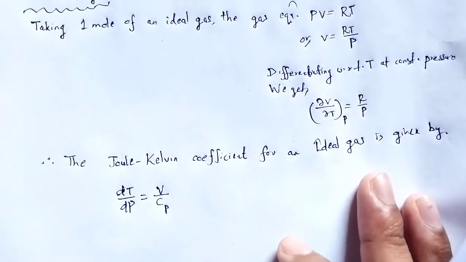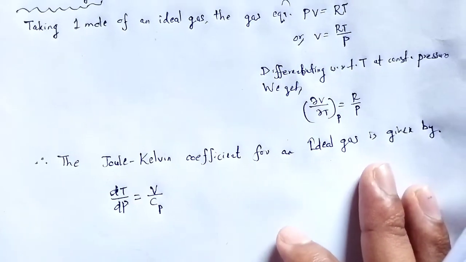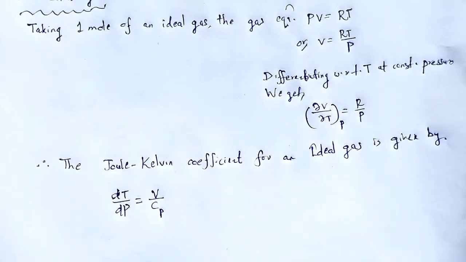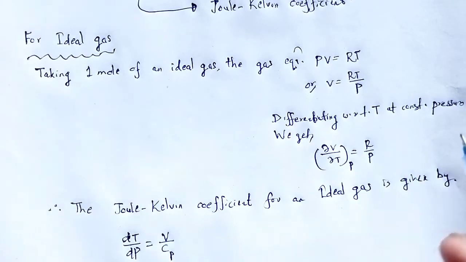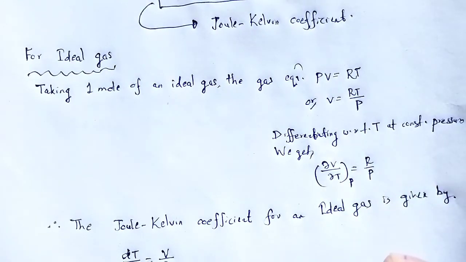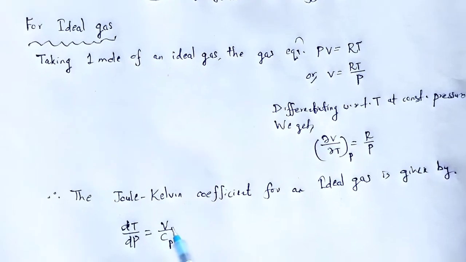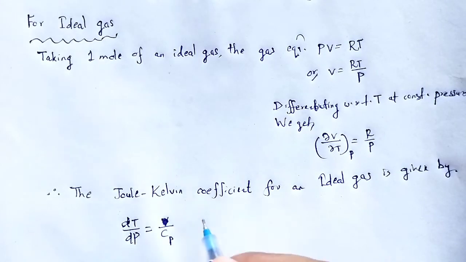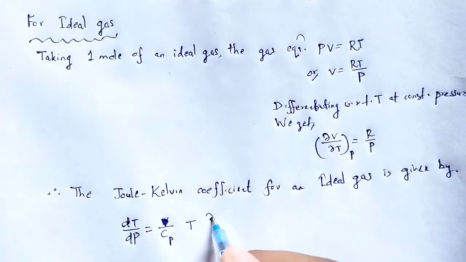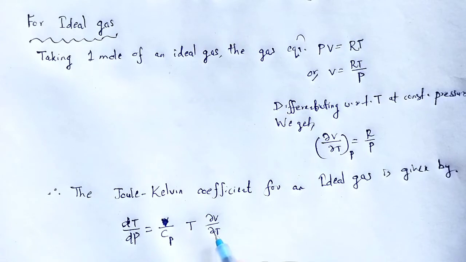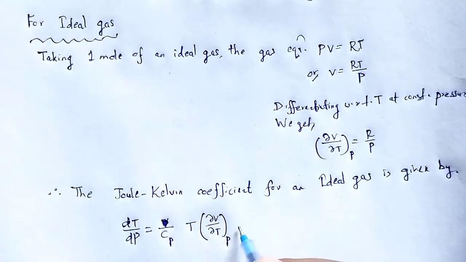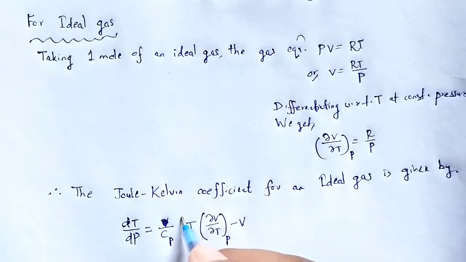So the terms are looking like this. Right, that is 1 by Cp, T del V by del T at constant pressure minus V.